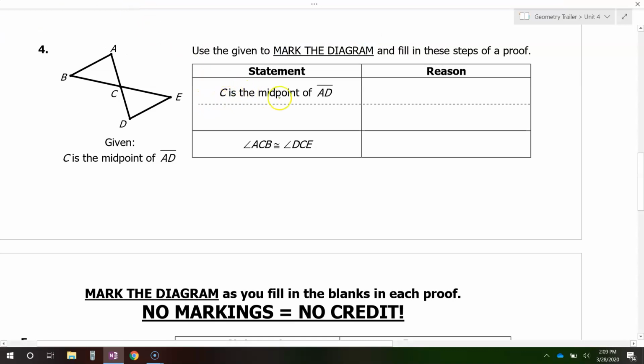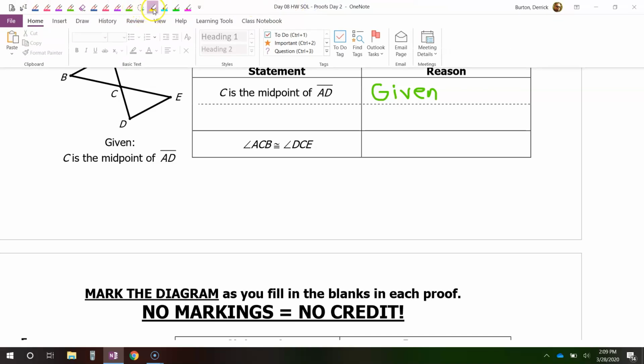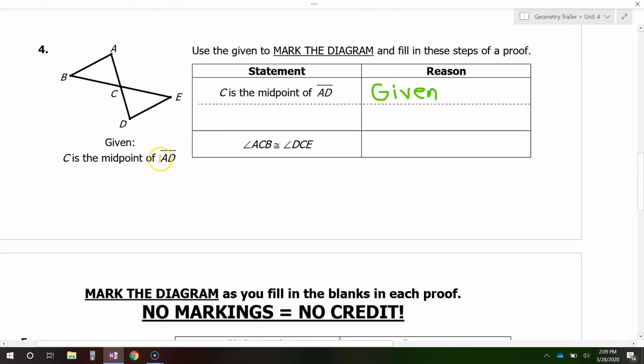All right, number 4. C is the midpoint of segment AD. All right, that's given. Focus on the segment AD part.